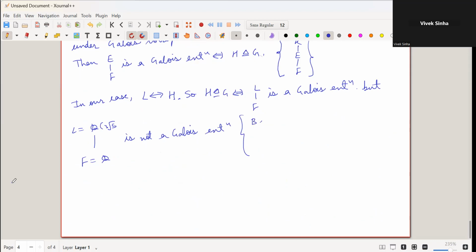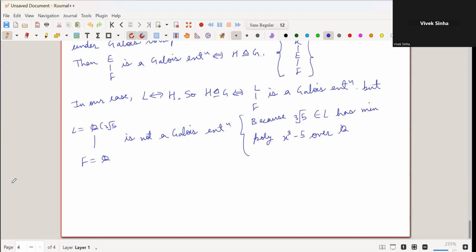This is because cube root of 5 belongs to L, and it has minimal polynomial x cube minus 5 over Q. This is minimal because it satisfies it, and this is irreducible using Eisenstein criterion.